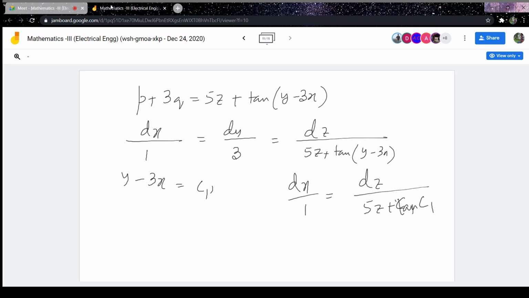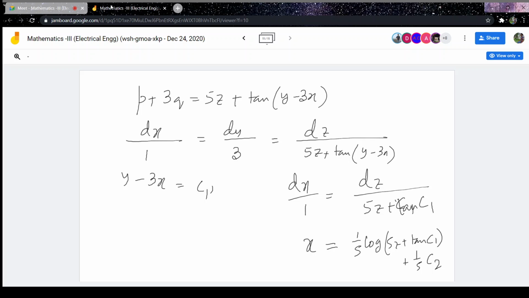So this will be nothing but dz by log 1 by 5. This will be 1 by 5 log 5z plus tan c1, and there will be another integration constant, 1 by 5 c2, and your left hand side will be x.